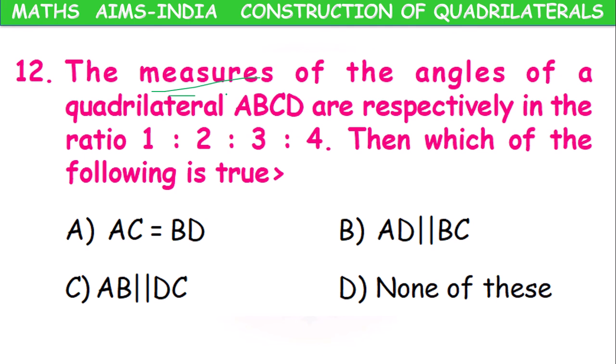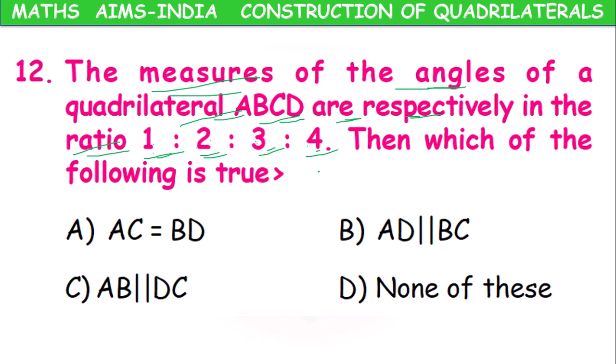Next, the measures of the angles of a quadrilateral ABCD are respectively in the ratio 1:2:3:4. Let it be 1x, 2x, 3x, 4x.